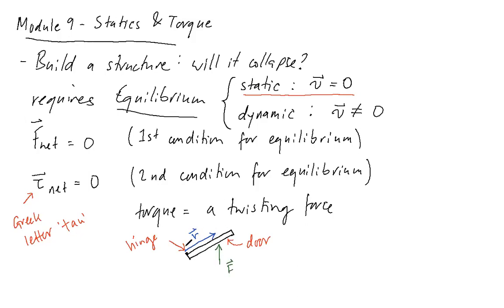There's a displacement between the hinge and the location where the force is applied. You can define an angle between this, which is parallel to the door, and the force. I'll draw the angle here. We call this angle theta.